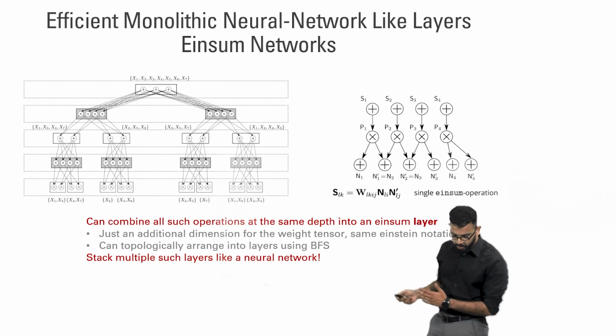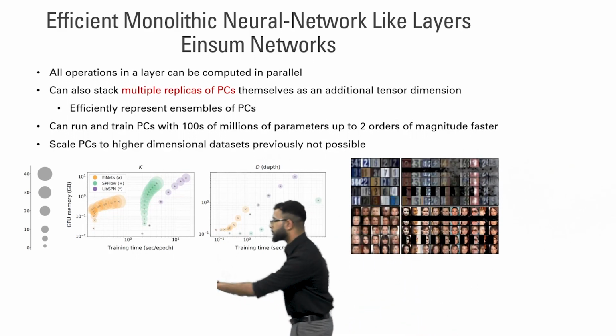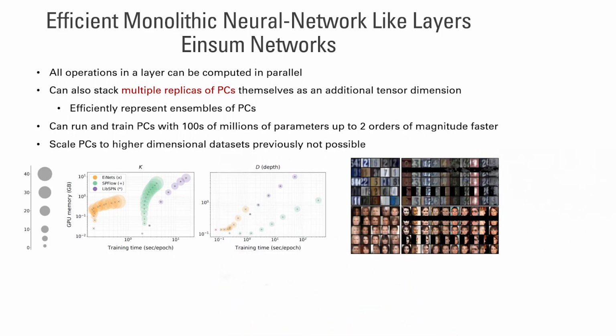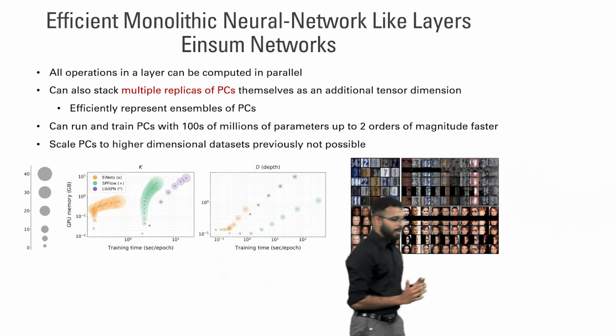So you stack such multiple layers like a neural network, and then you can easily learn them using backpropagation from your data, right? So to summarize, all the operations in a layer can be computed in parallel. Before you had sums and products that had to be done in a different way, but now with the Einstein notation, you can do all the operations in parallel in a single step. You can also now create multiple replicas of PCs.